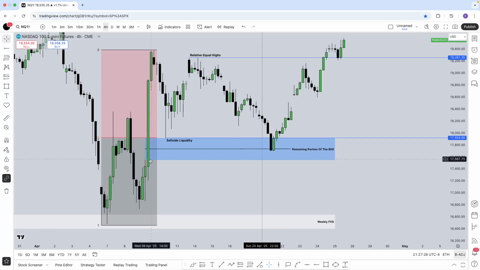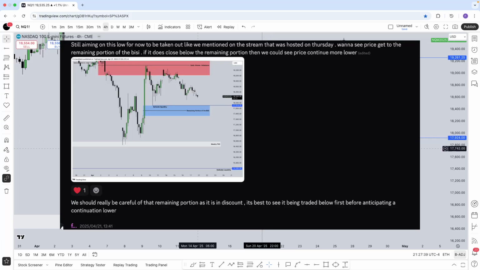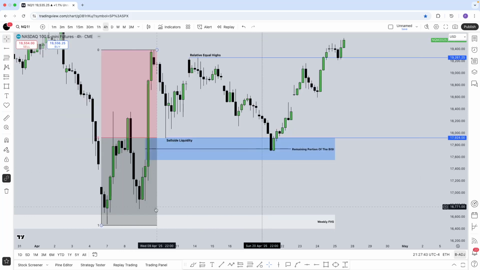So with this BC, when price created this low, it left a remaining portion of the BC. I did mention in the Discord that price has to trade into the remaining portion of the BC if it wants to go lower, but I'm not expecting to see it trade much lower into these lows.